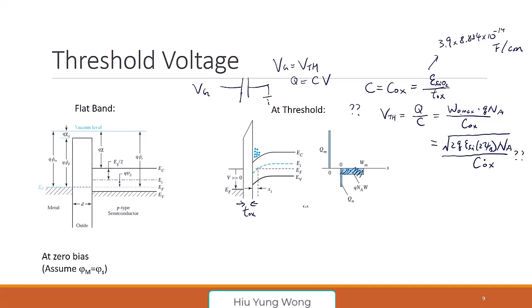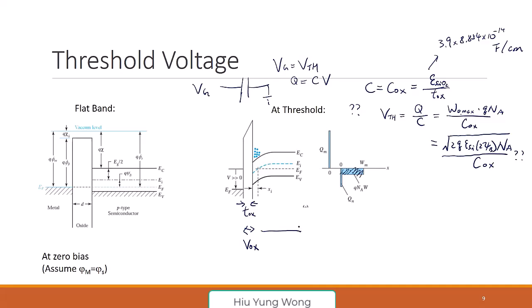But actually, this is not completely correct. This is only talking about the potential across the oxide. When you have a potential across the oxide, Vox, you see there's a bending in the silicon also.